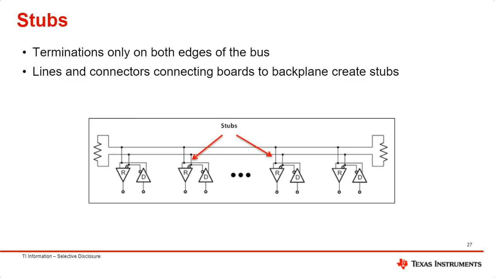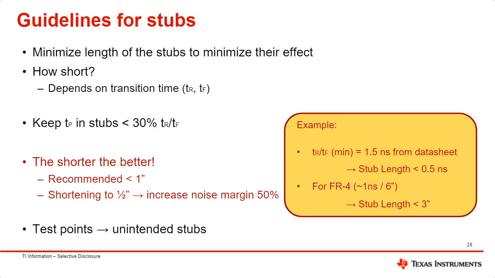I'll talk about stubs a little bit more here. Stubs are the connections to the multi-point bus from the different nodes. It's possible to minimize the effects of stubs by minimizing the stub lengths as much as possible.